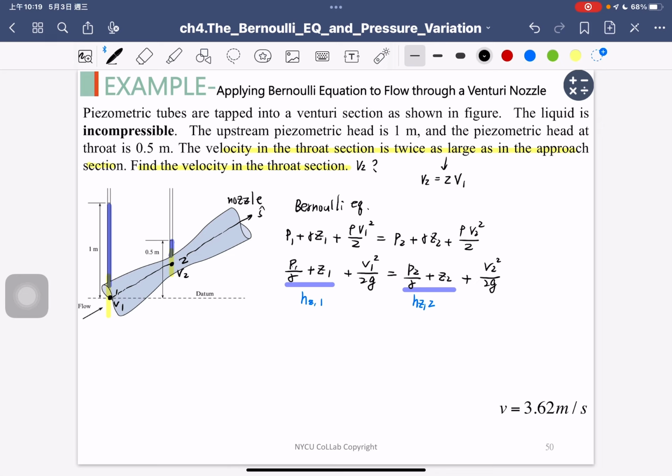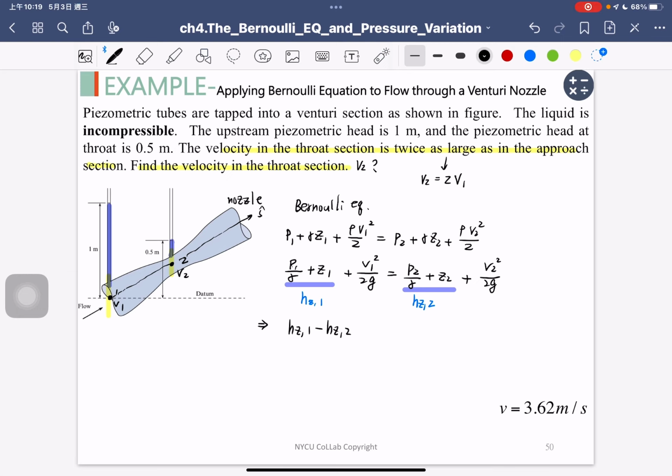Okay? Why do I use the piezometric head? Because for our exercise, we only have the information about the piezometric head height.